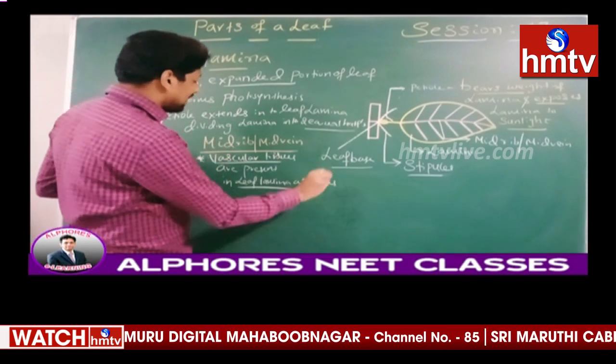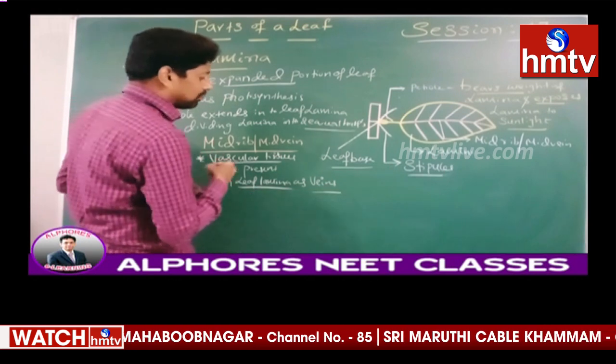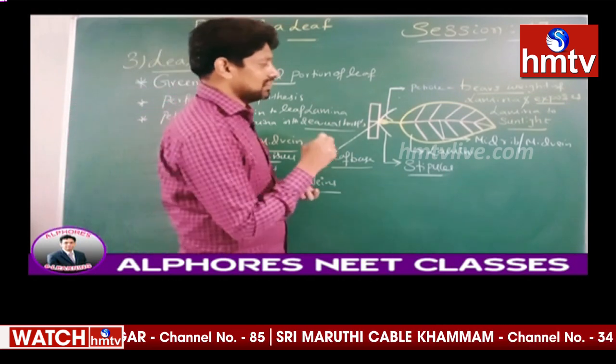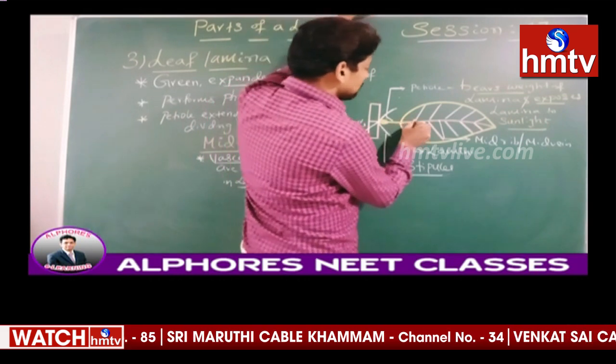Therefore, in the leaf lamina, xylem and phloem are present in the form of veins. Once you see this diagram, sir, this is the midvein.